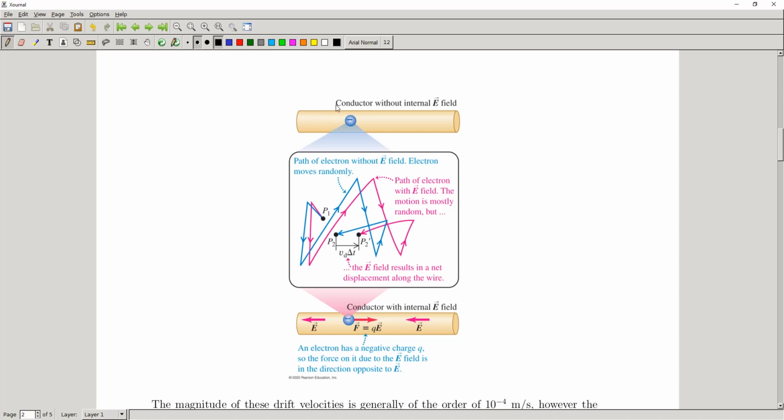Now it matters if they're positive or negative charges and the direction of our electric field if we're talking about the individual movement of these particles. But in the end, we're going to see that the direction doesn't really matter when we're talking about currents, okay? So when we're talking about charge moving in a wire and we're talking about current, we want to have these two different pictures in mind.